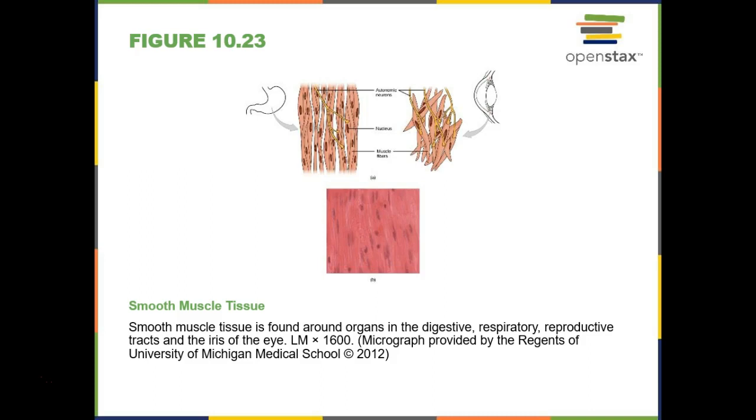Smooth muscle is a very special type of muscle because it is the only muscle that can undergo replication or reproduction. Smooth muscle cells, when they get damaged, can reproduce themselves, so they can undergo mitosis easily. They are singly nucleated.